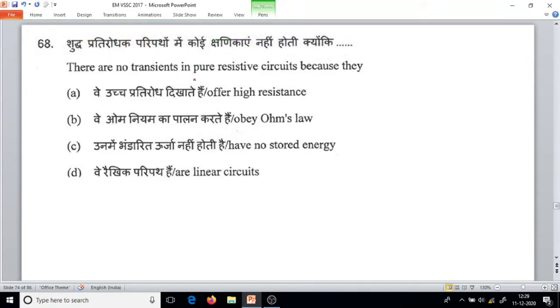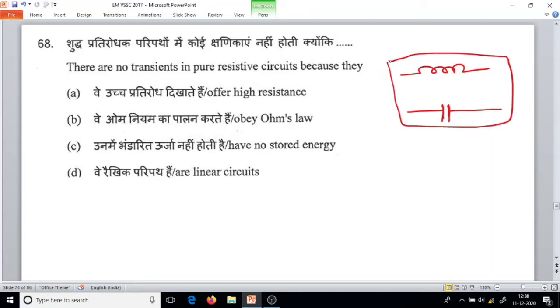Question number 68. There are no transients in a pure resistive circuit. Why is there no transient? Transients occur because of capacitors and inductors. If these two are not there, transients won't come. For transients in any circuit, it requires either one of these or both.